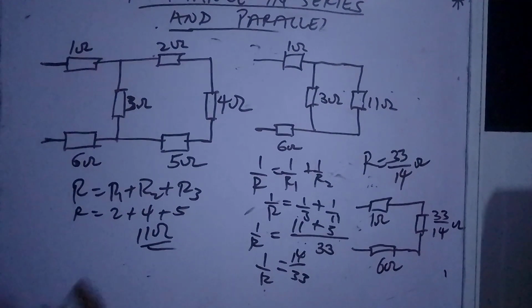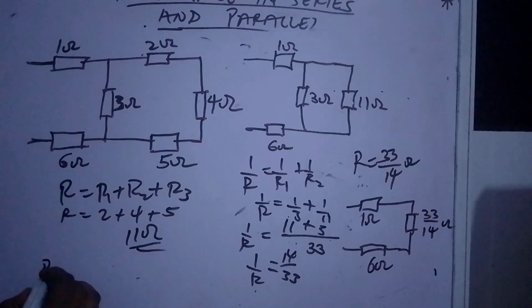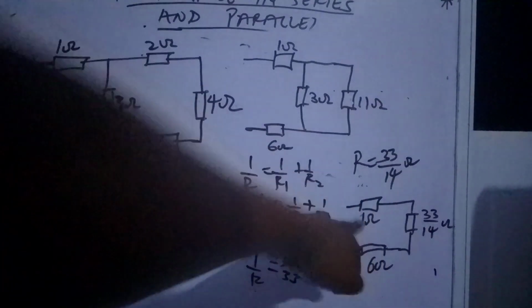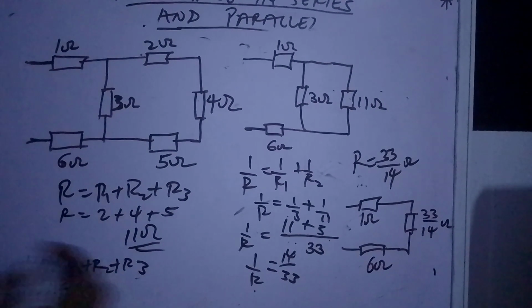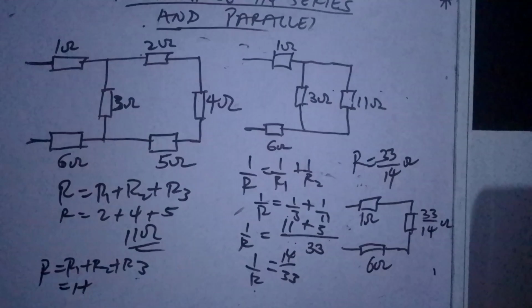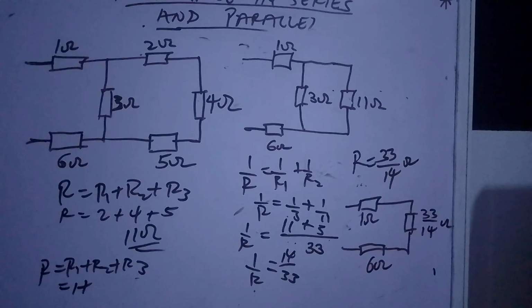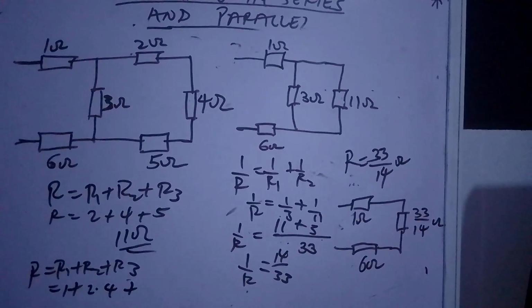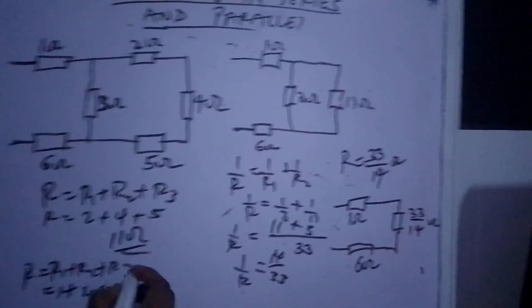So let's put it at this side now. Our R1 is 1, our R2 is 33 over 14. Let's just simplify it so that we can make our work very simple. 33 over 14 is going to give us, I think, 2.4. Let's approximate to 2.4, while our R3 is going to be 6 ohms.